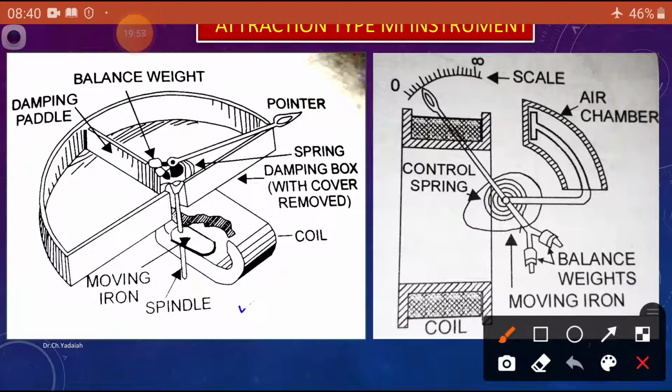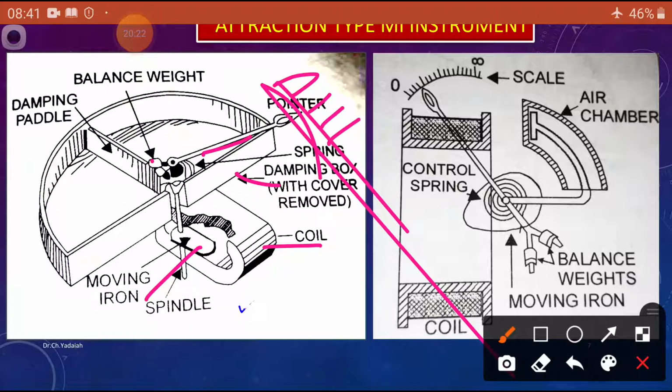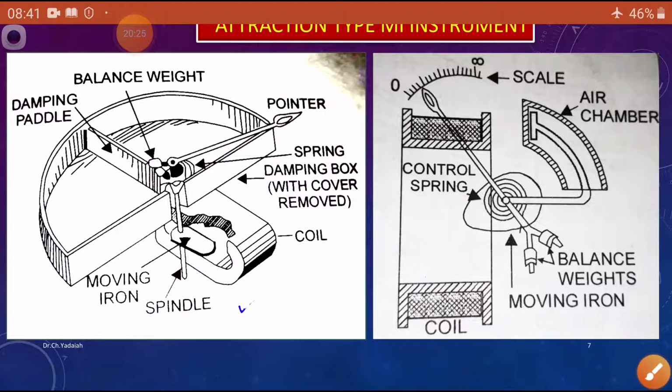It has an electromagnetic coil, the moving iron piece, you can see here the moving iron piece, the magnetic coil, and this is the fluid friction damping, this is the spindle and jewel bearings and the springs, and we are going to use the weights for gravity control purpose. This is a pointer, this is the scale. These are the different parts.